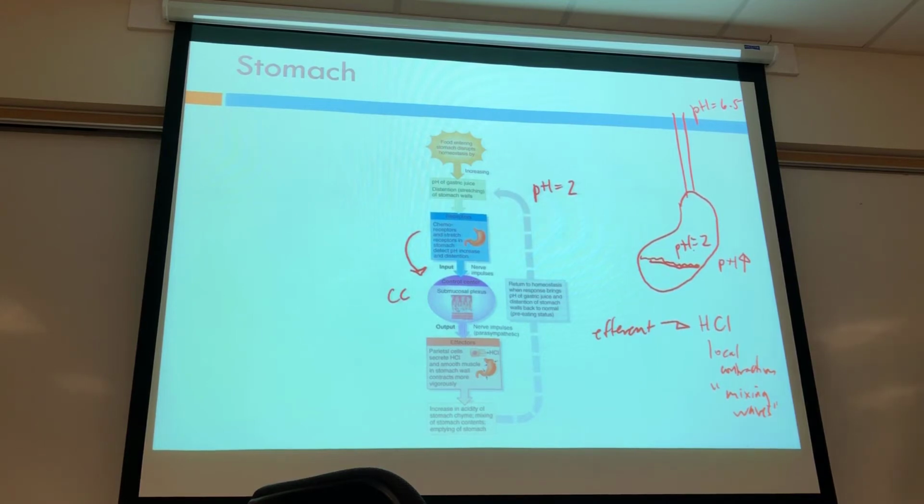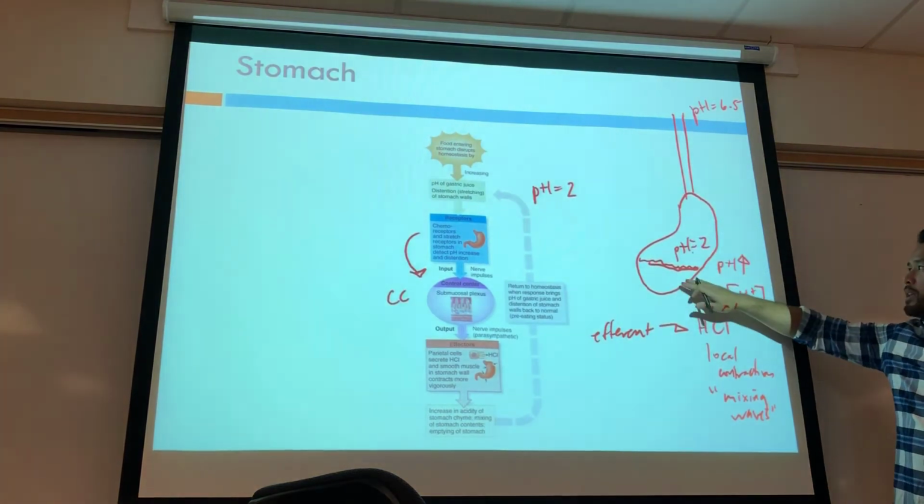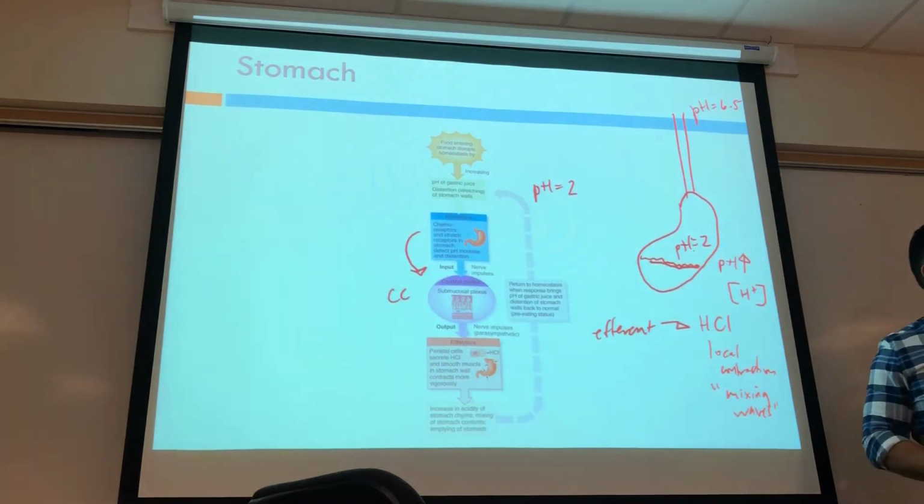So if I have a normally acidic environment, and I start dumping, let's just say water, what I'm doing to that pH, or in other words, what I'm doing to that concentration of hydrogen ions, is I'm now diluting it. Right? I'm starting to fill up that stomach with water and food. Now the pH in the stomach is going to rise.